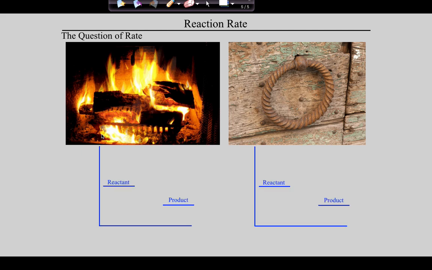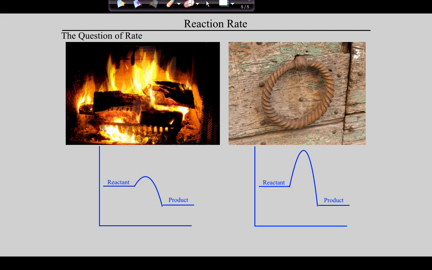This is actually what the reaction pathway looks like for burning wood. It has a relatively low activation energy. What do you suppose the activation energy hump looks like for iron? It's high. Why would the activation energy be higher in iron?